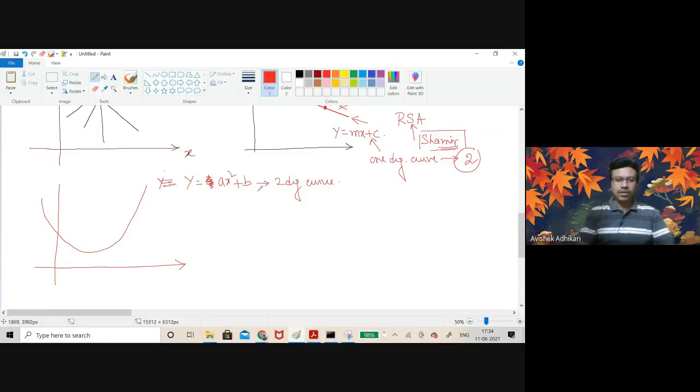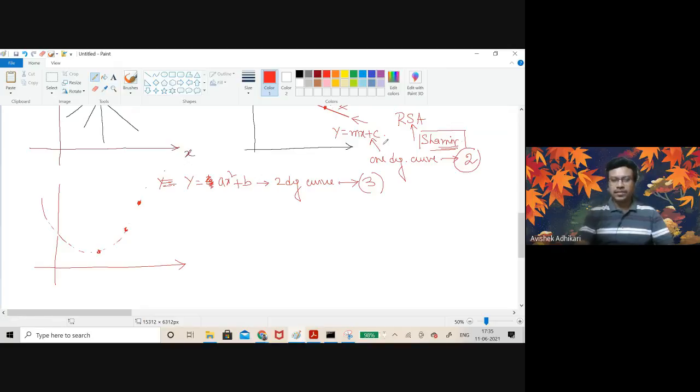And in case of a 2 degree curve, 3 points on the curve are sufficient to get back the curve uniquely. That means if you just remove the curve and you have only these 3 points, then you can uniquely get back this curve. So for a 2 degree curve, 3 points are sufficient to get back the curve.